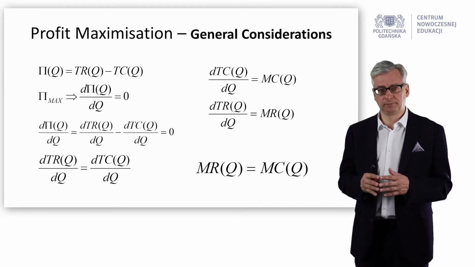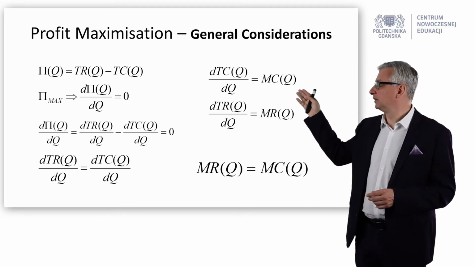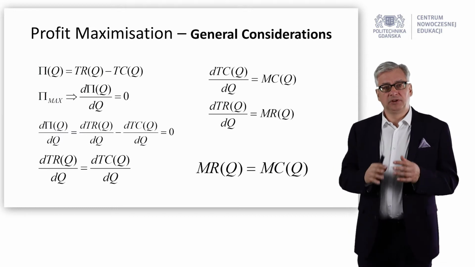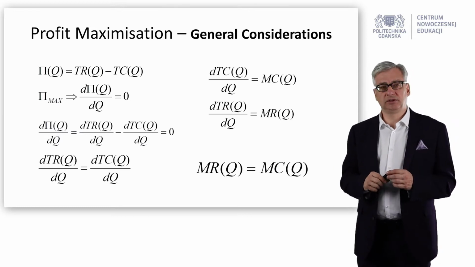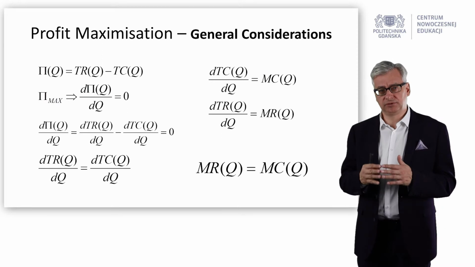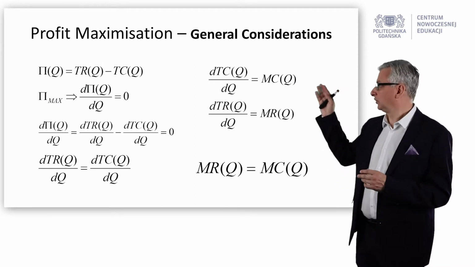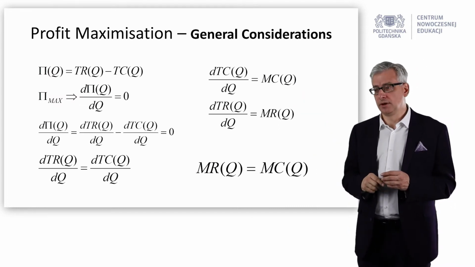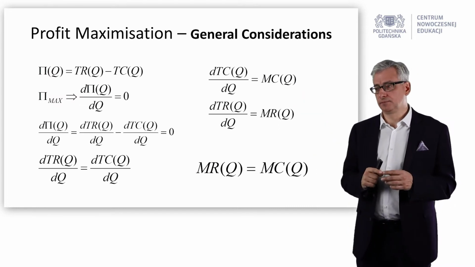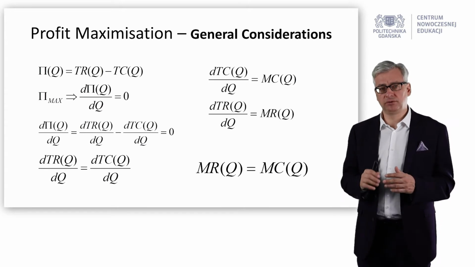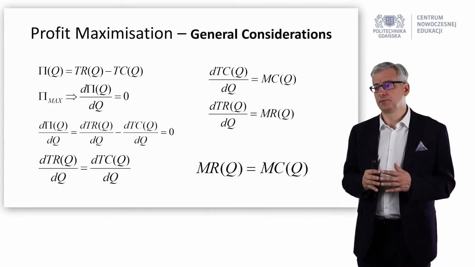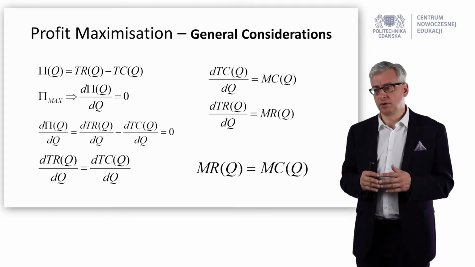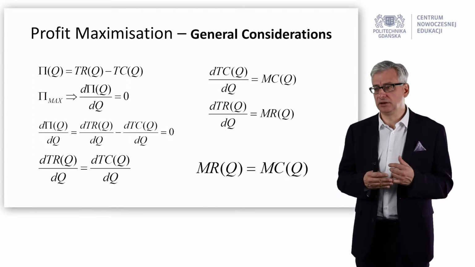How is it done? Have a look at the slide here. Profit, pi, is defined as a positive difference between total revenues and total costs. As you can see, both total revenue and total cost depend on quantity. What does that mean?